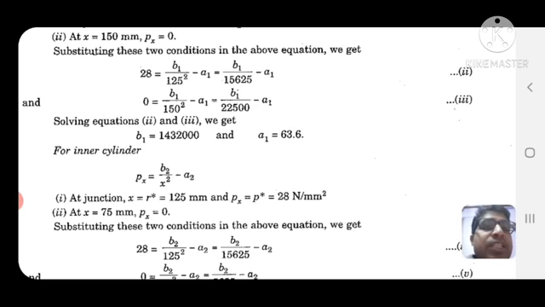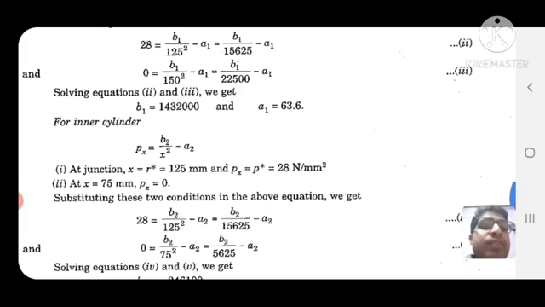Substituting these two conditions in the above equation, 28 equal to B1 by 125 square minus A1, equal to B1 by 15625 minus A1. So 0 equal to B1 by 150 square minus A1, so B1 by 22500 minus A1. B1 equal to 1432000 and A1 equal to 63.6.